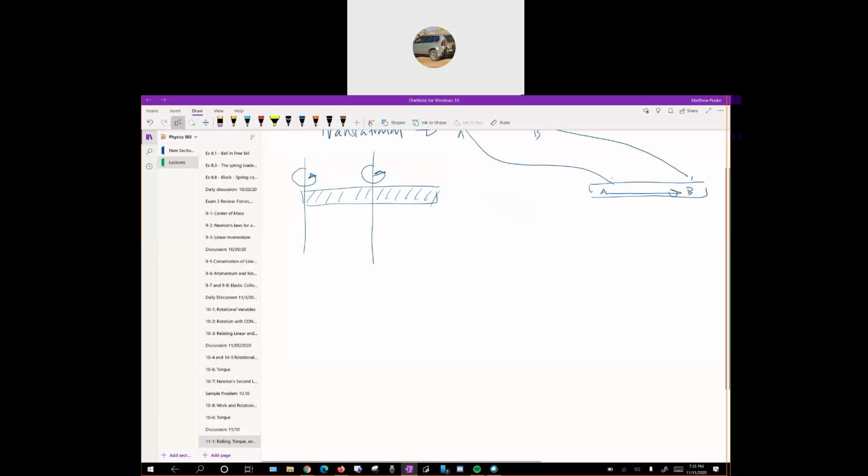So rolling, first of all, is when we combine translation plus rotation. To describe it, we're going to have to include the translation and the rotation. Something that has both translation and rotation we'll call general plane motion.